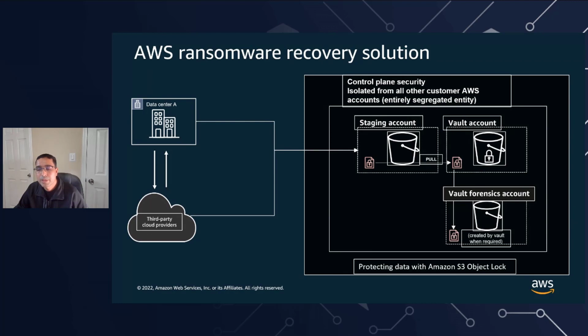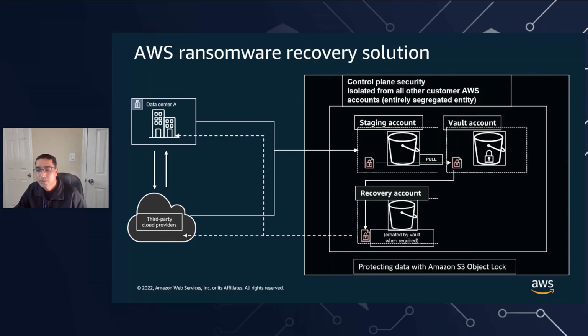This can be implemented using EC2, ECS, and Lambda services. Once you have completed the forensics, you can wipe out that forensics account, and you can now create a recovery account to recover the clean data. And this helps in your final ransomware recovery solution.